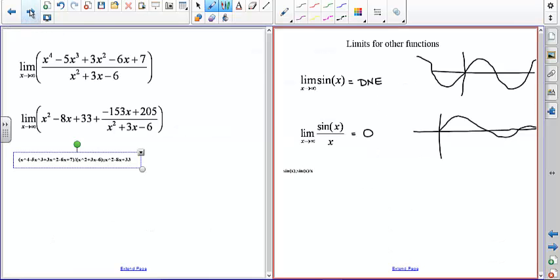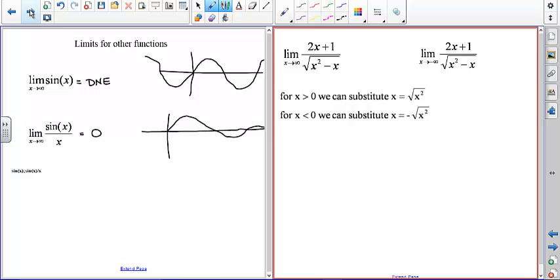And then the final thing in this section is a special case where you have this same expression, but we're looking at the limit as x approaches infinity and as x approaches negative infinity. It turns out when it goes to negative infinity, it approaches a negative number, and when it goes to positive infinity, it approaches a positive number.